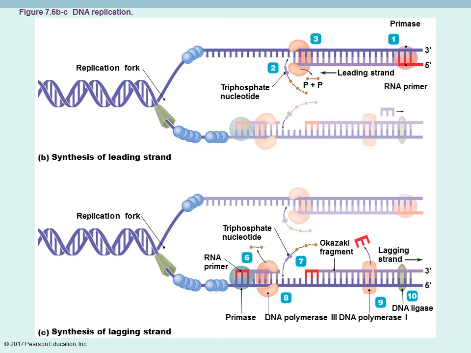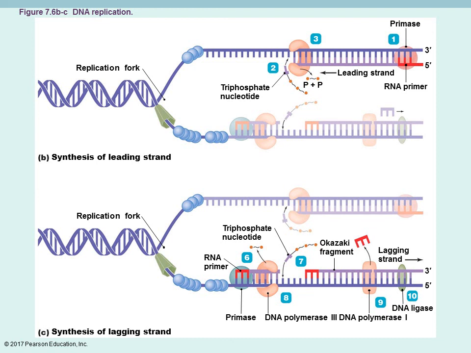As you can see, it's just reading along continuously, adding in one new base at a time. It's going to be just zipping along. In this case, it is moving from right to left. That DNA is going to be continuously unwound by the helicase, and so it continues to open up moving towards the left, and that leading strand is just zipping right along following it.